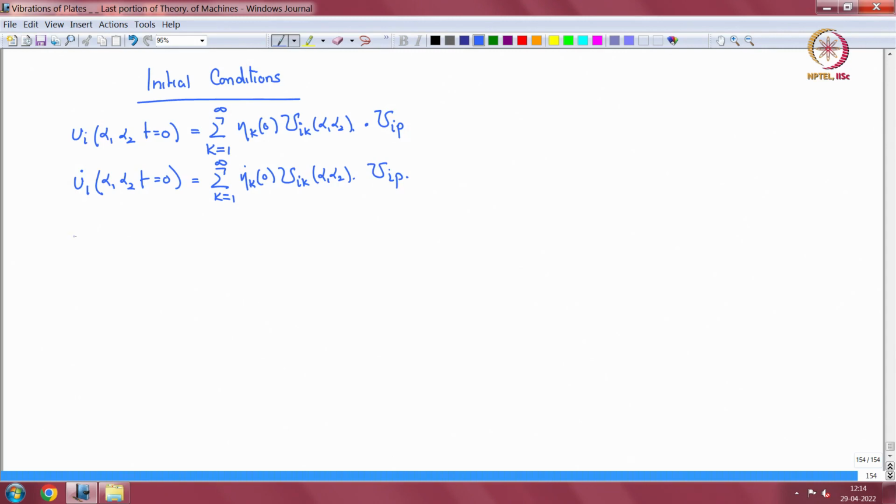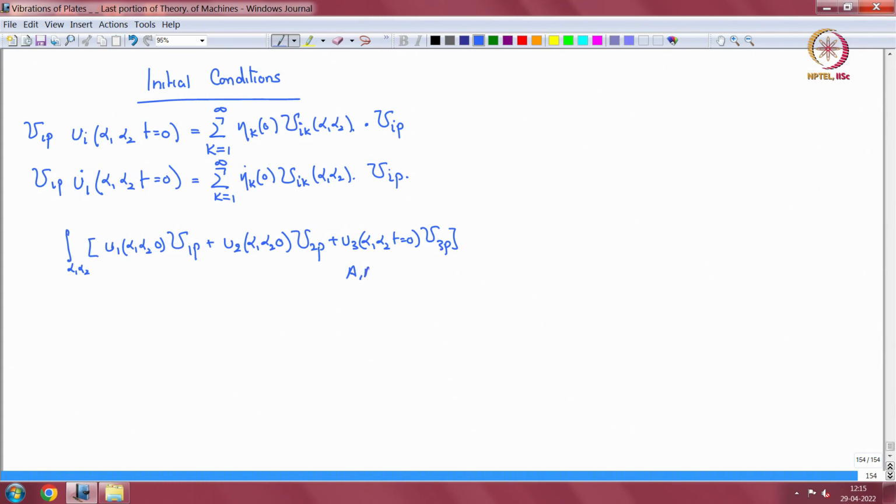We get integral alpha 1 alpha 2 u1 alpha 1 alpha 2 at 0 u1p plus u2 alpha 1 alpha 2 at 0 u2p plus u3 alpha 1 alpha 2 at 0 u3p, that is the left hand side, into a1 a2 d alpha 1 d alpha 2.